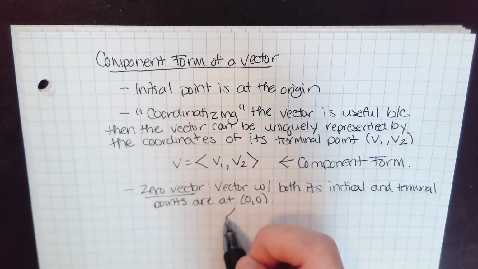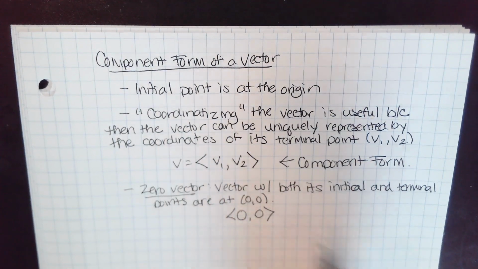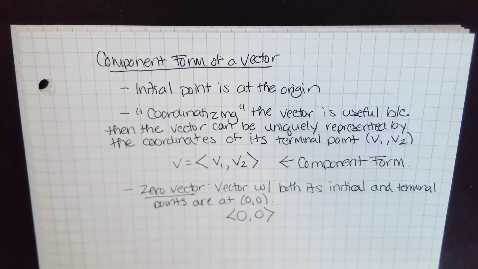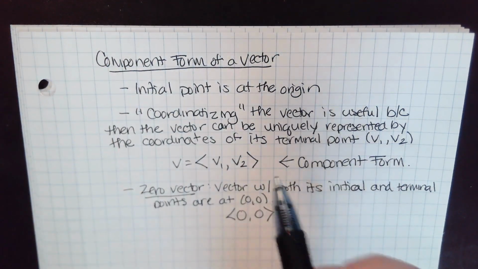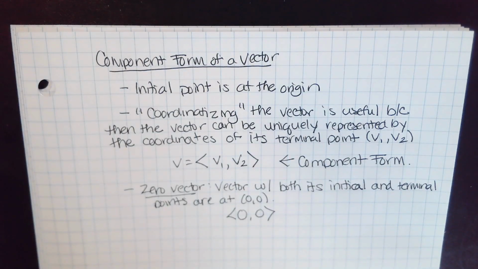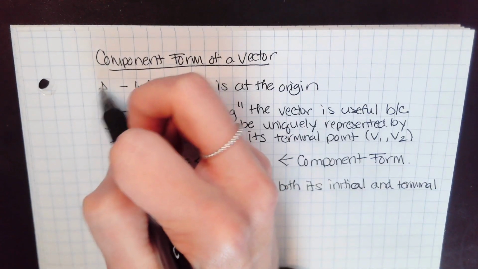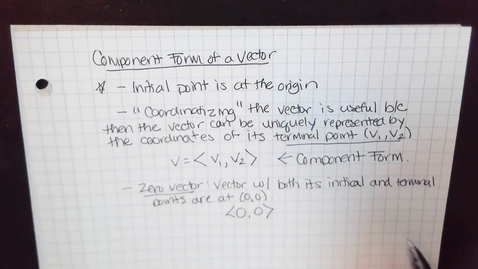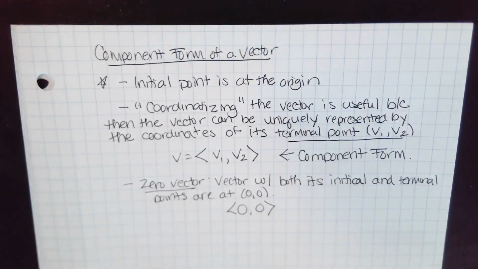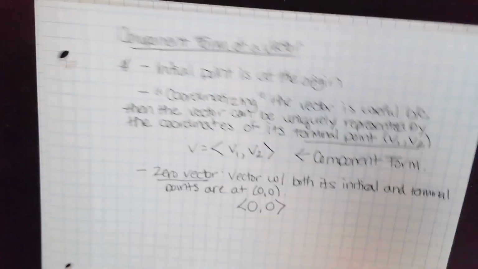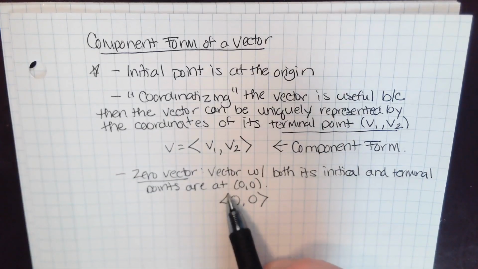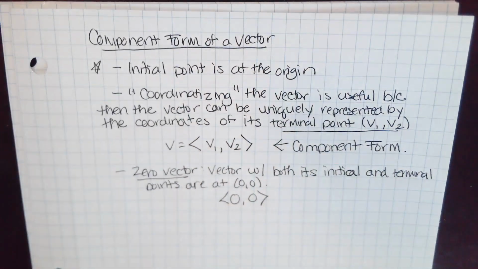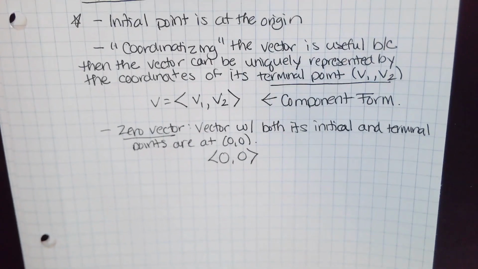That vector would be written just as <0, 0> with angled brackets. So it's really important to remember for component form: the initial point is at the origin and you name it by its terminal point. And you always use angled brackets, as opposed to parentheses.